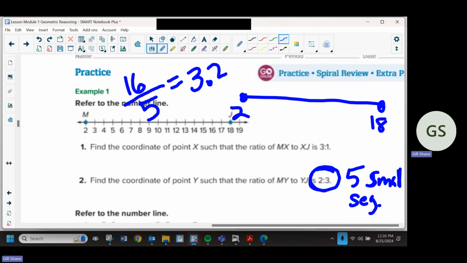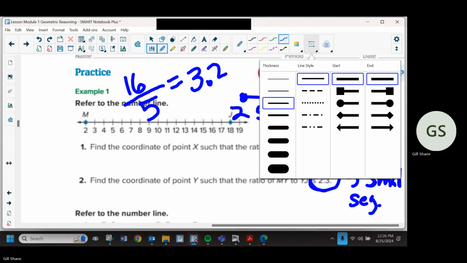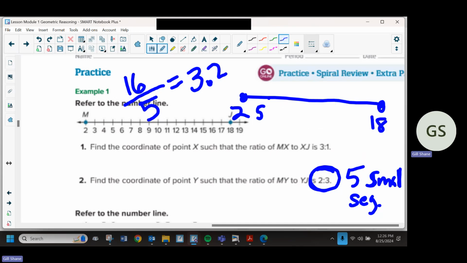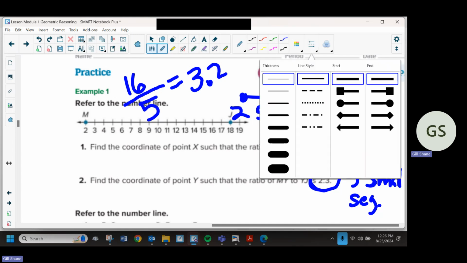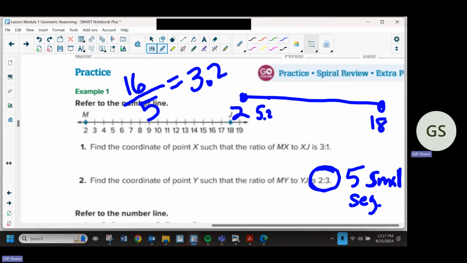So 2 plus 3.2 would be 5.2. If I added 3.2 again, that would be 8.4.